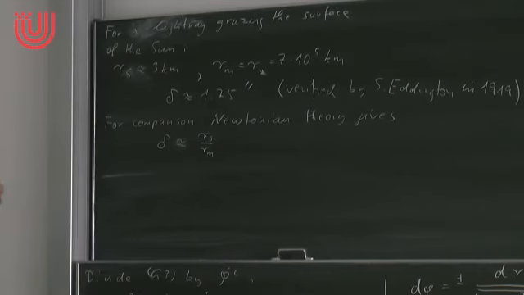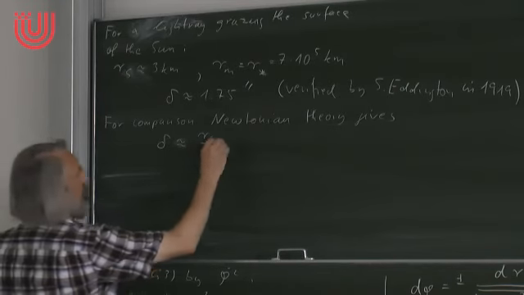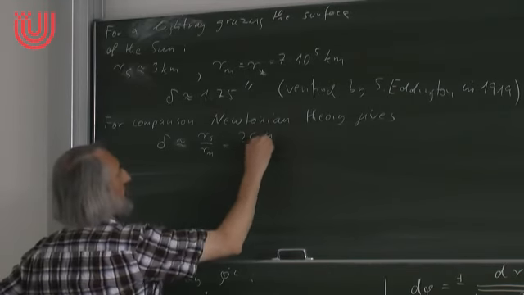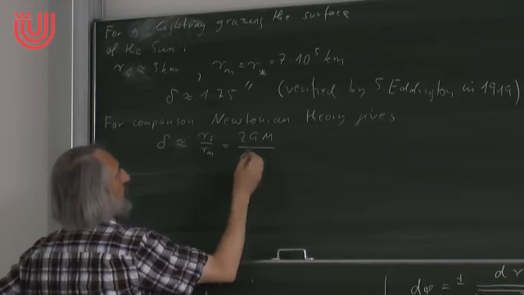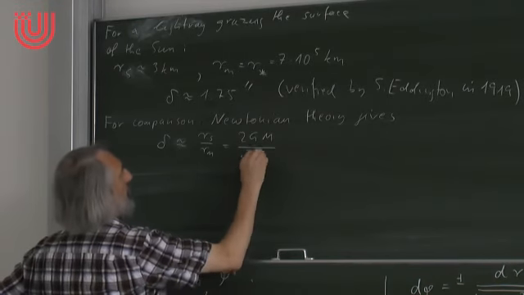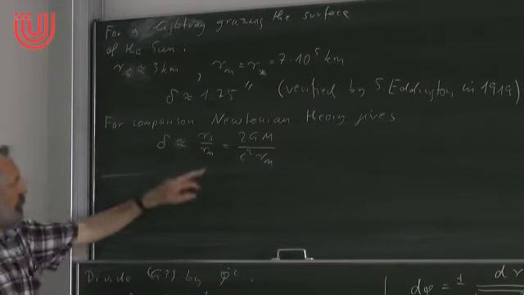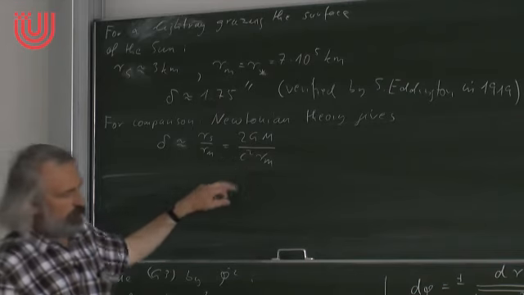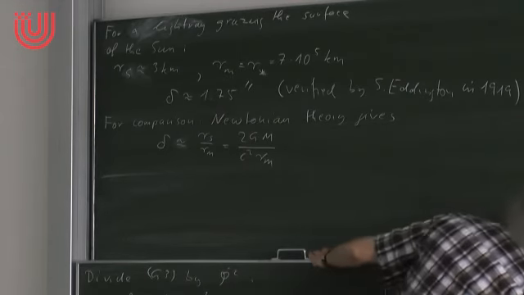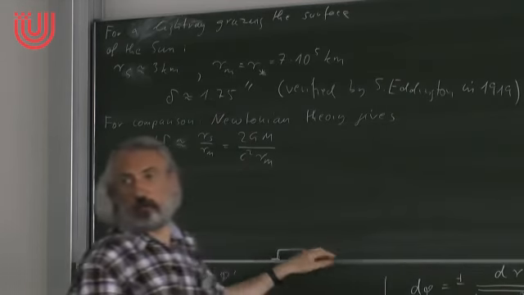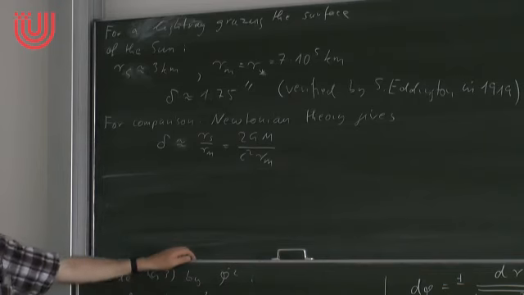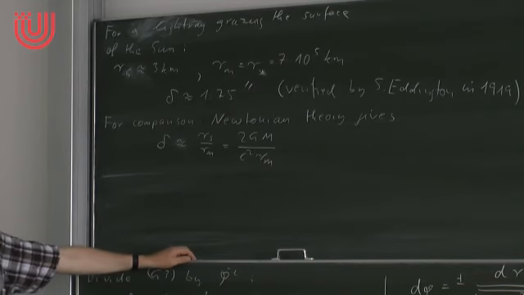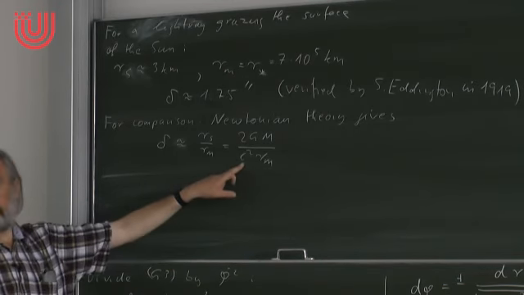Well, you may ask, what is Rs in the classical theory? Of course, all these quantities also make sense in Newtonian theory, right? Rs is proportional to c infinity squared over Rm. So the c enters the story by the initial velocity which you give for the light ray. You have to prescribe the initial velocity with which the light ray comes from infinity, and that's how the c enters into the formula here.